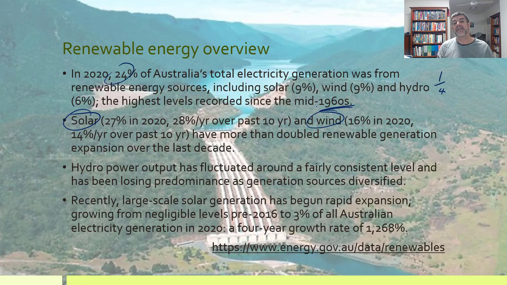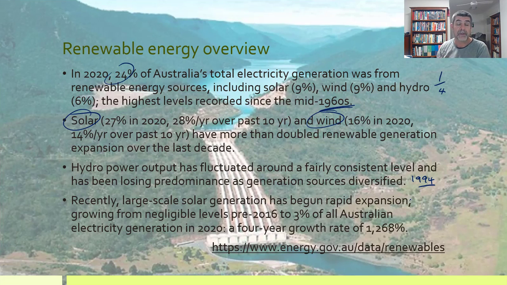Hydropower output has fluctuated around a fairly consistent level, and you saw that on the graph that we looked at previously. But as these other areas have started to rise, it's started to fall back. So if we go back and have a look at that previous graph, about 1994 was the sort of left extent of that particular graph.